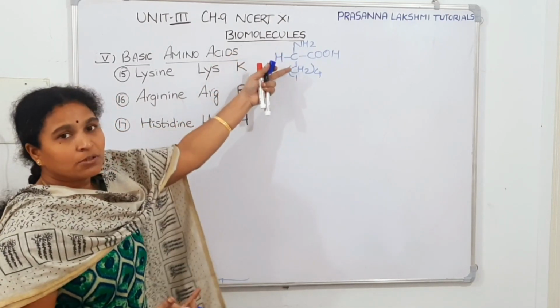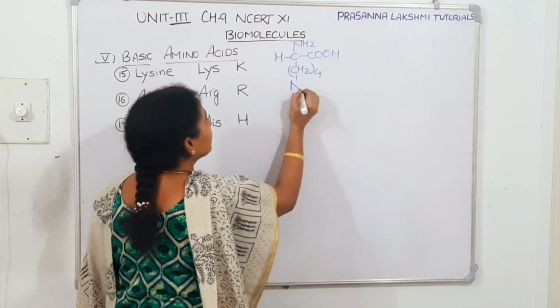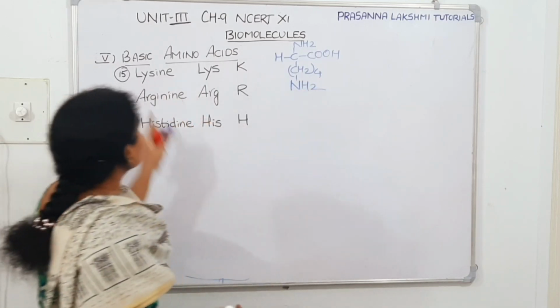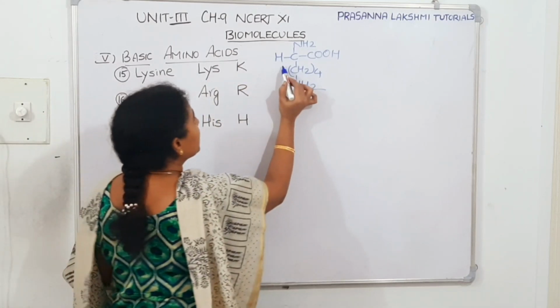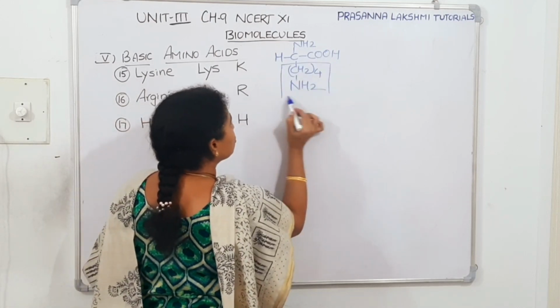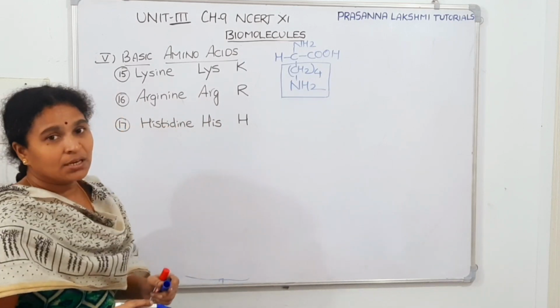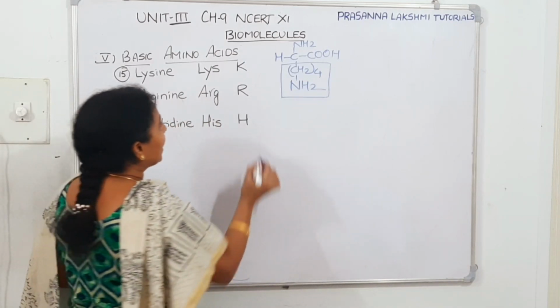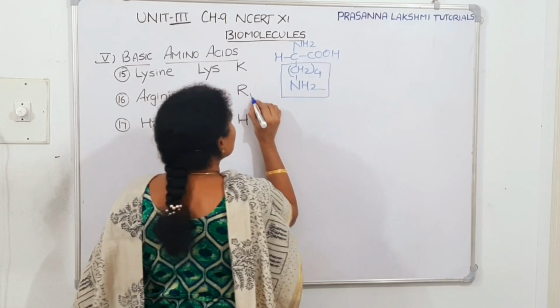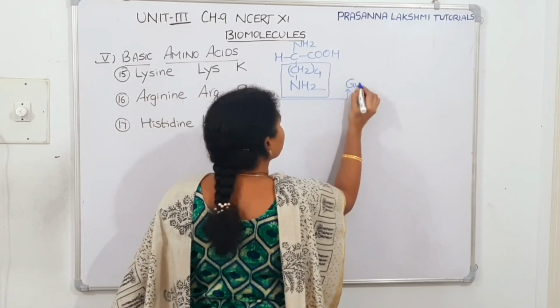One amino group is already there. Bring another amino group. That's it. This becomes the structure of lysine. So for the R group, instead of writing a long chain CH2, CH2, CH2, CH2, I just wrote it to the power 4. Then coming to arginine. Arginine's R group is a guanidino group.